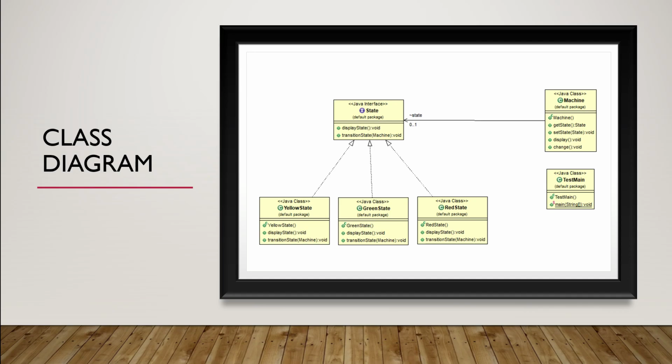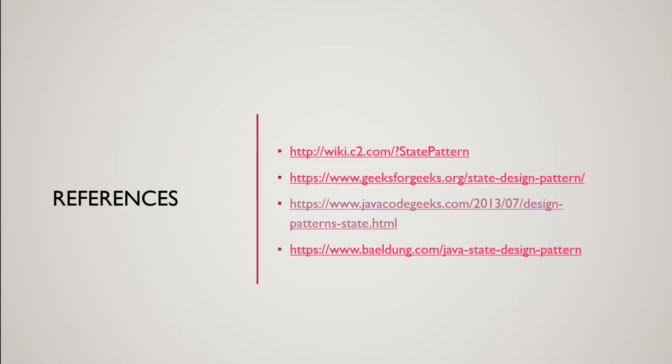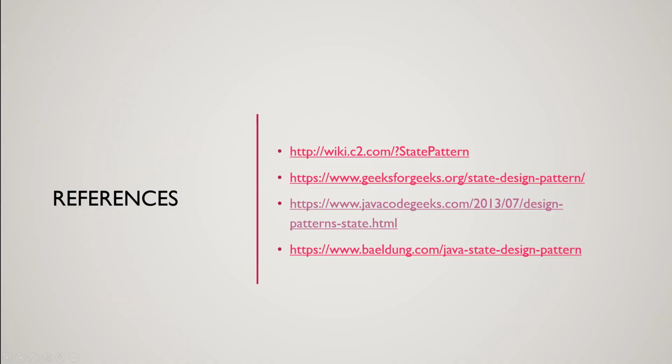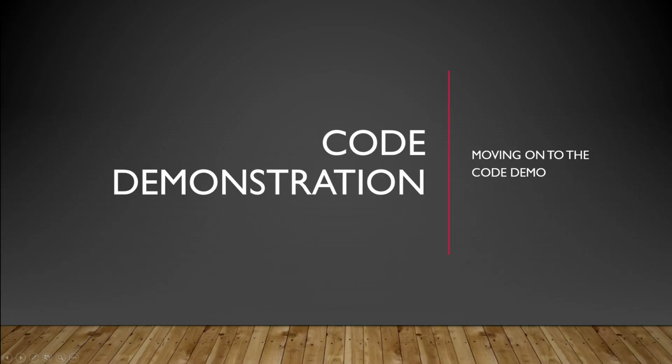It has a display state and a transition state, which takes in a machine. Then we have the three actual states, yellow state, green state, and red state, which each individually have their display state set: this displays yellow, this displays green, this displays red. I can show you this more in the code. These are my references, and let's move on to the code demo.